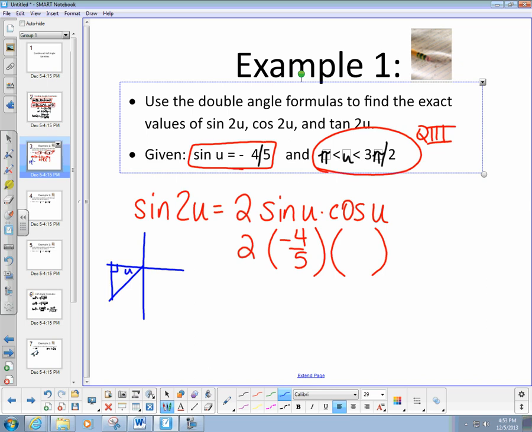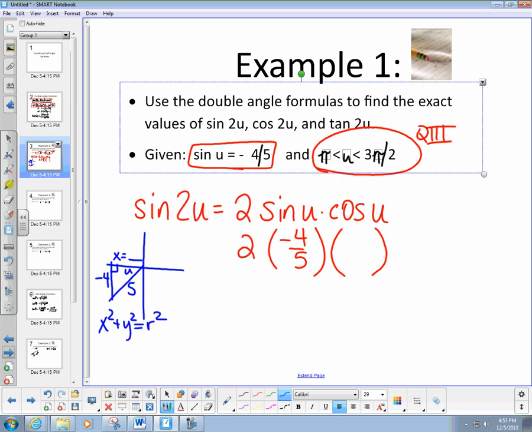So here's a picture for angle u. If the sine is negative 4/5, that is telling me that y is negative 4 and r is 5. And I need to know what x is before I proceed. So to get our x value, we're going to use our Pythagorean theorem: x squared plus y squared equals r squared.